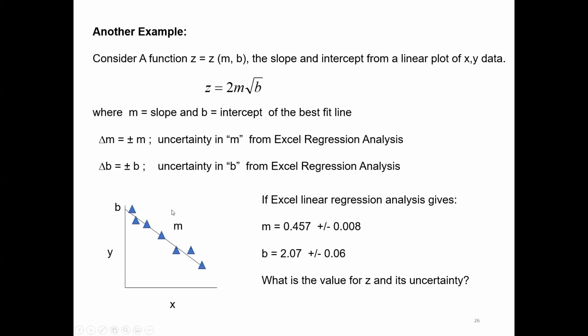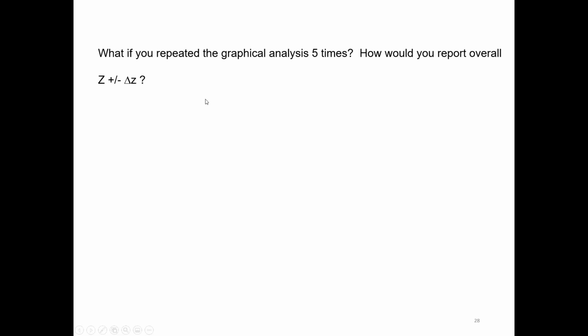And we generate 5 different linear lines, and that gives us 5 different m and b's. So we can calculate 5 different z values. How would we report the z and its uncertainty? You don't need to do the propagation calculation one more time or 5 times, right?